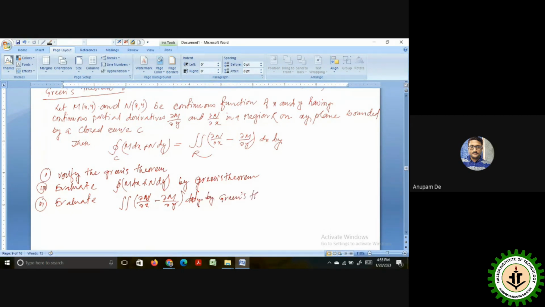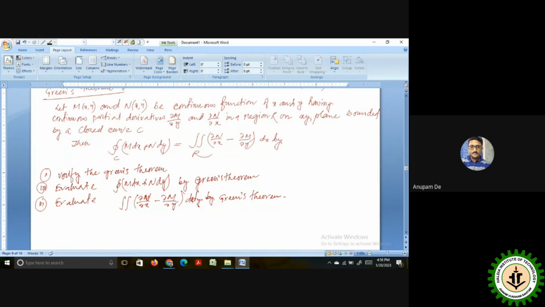Now what is the difficulty in it? There is no difficulty. If you are given a line integral and you need to verify it, for verification you need to calculate from both ways, and if you are not asked to verify but to evaluate, then you simply need to integrate it.